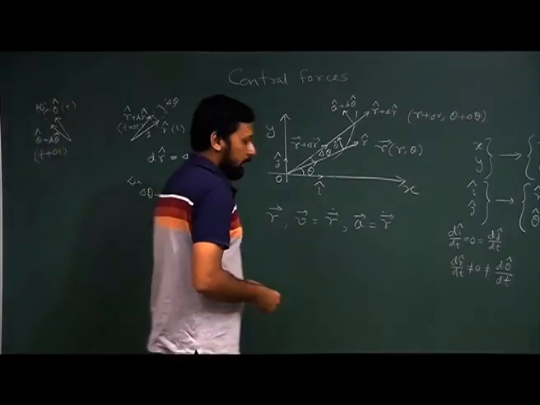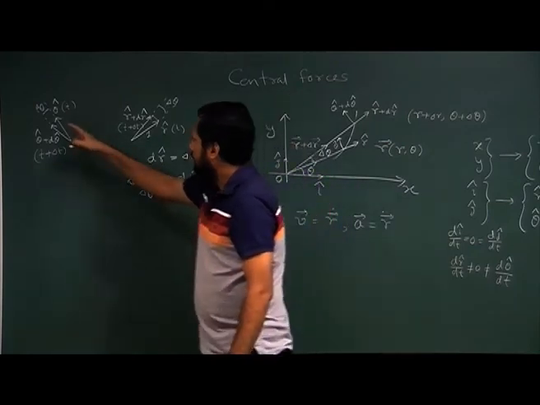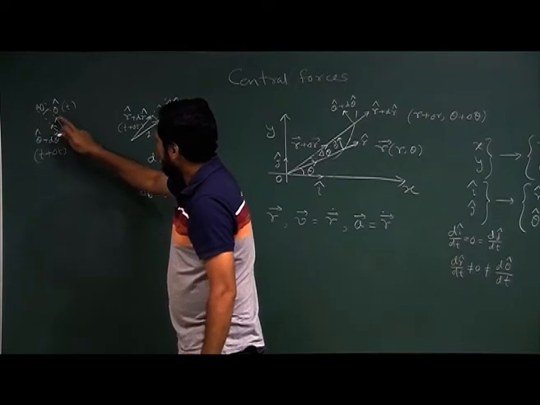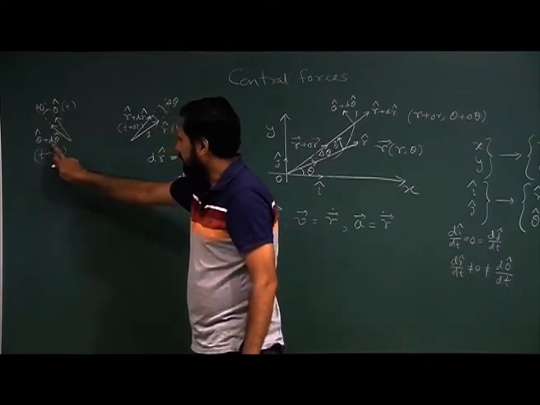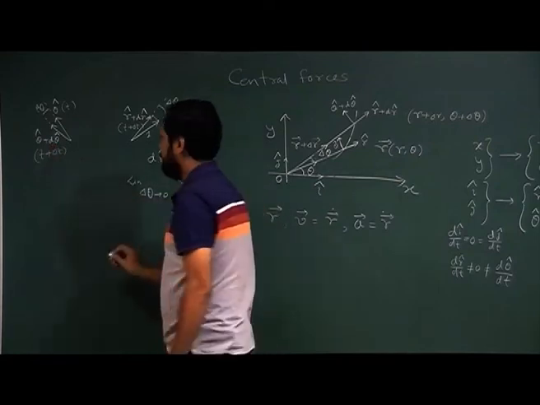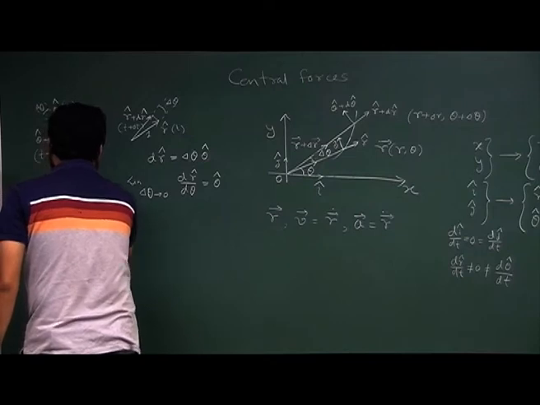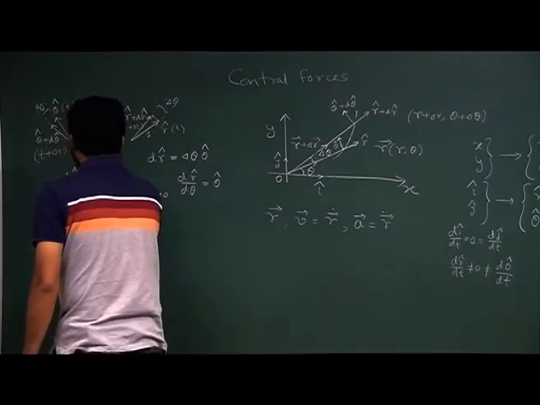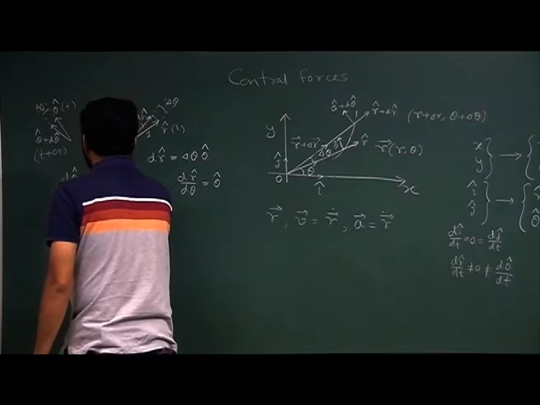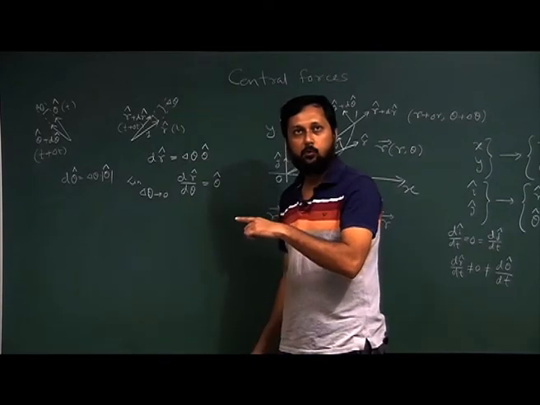Similarly, if we look into this carefully, here again the change in theta cap is given by d theta cap, which is d theta cap equal to delta theta times theta cap, length of theta cap, which is once again we will put 1.